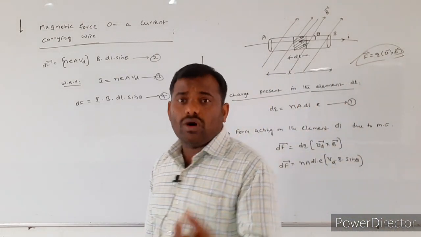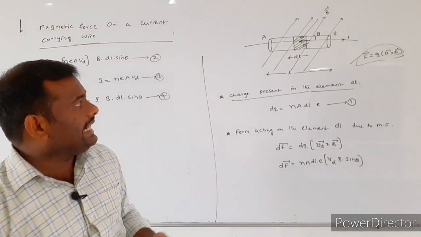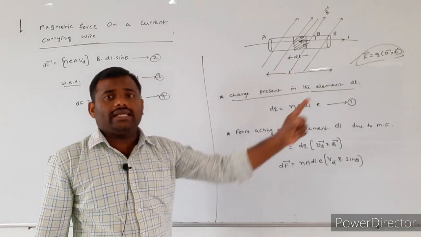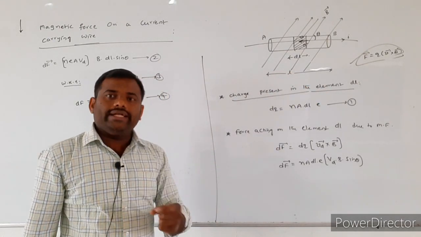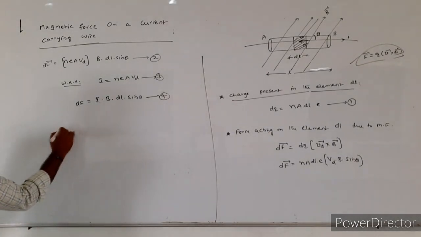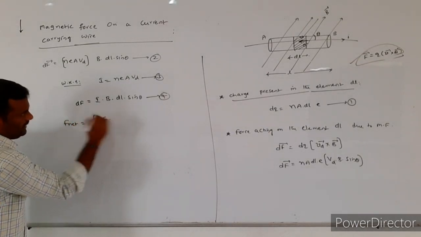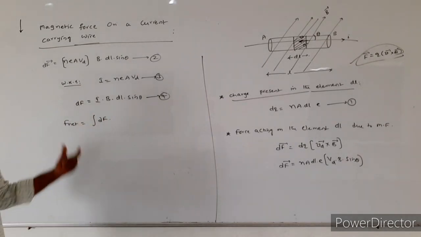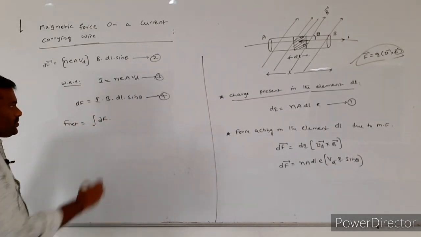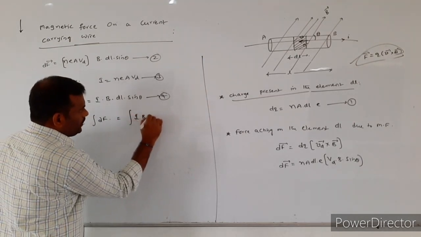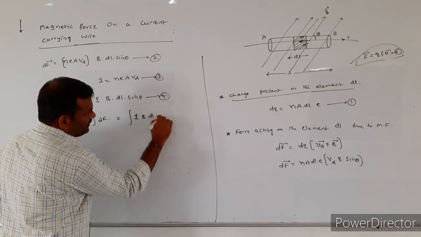So, when we know the small value, for calculating the entire force acting along the total length of the conductor, we simply go through integration. The net force will be given by integral dF, which is equal to integral I into B into dl sin theta.